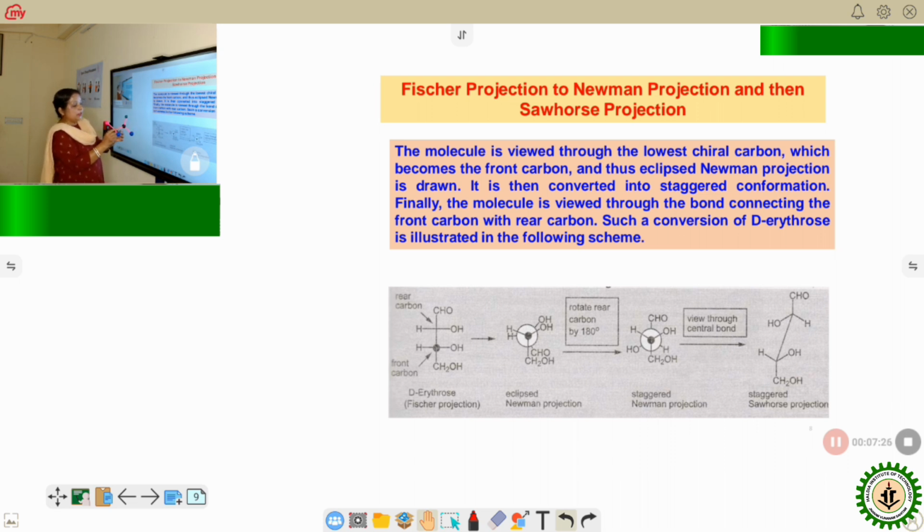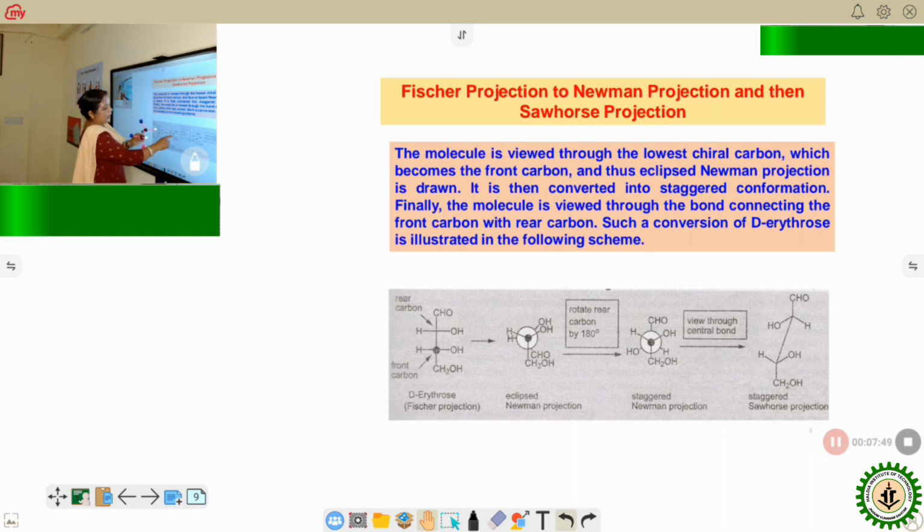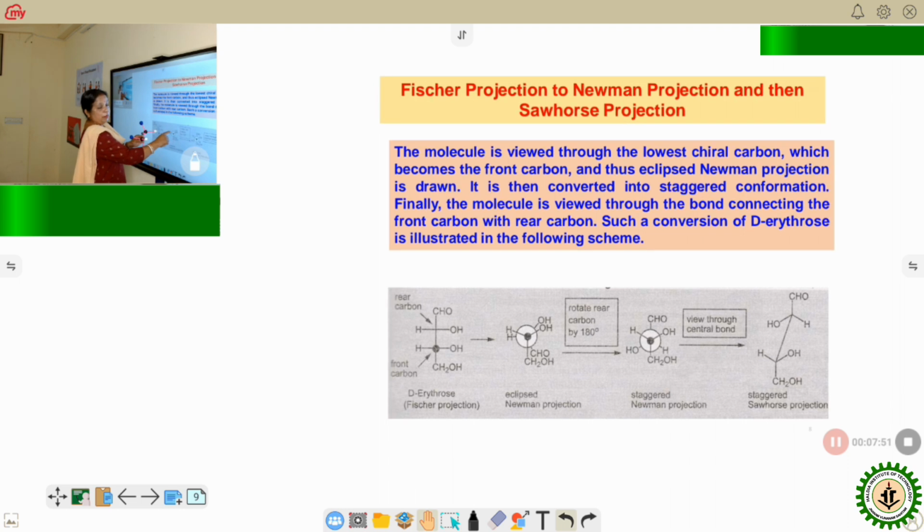Now, in the Newman projection formula, we can express this molecule in this manner at first. This is our front carbon, shown as the dot, and the back carbon is the circle. So in this manner, one group is below in the Newman projection formula, and these two groups are up.